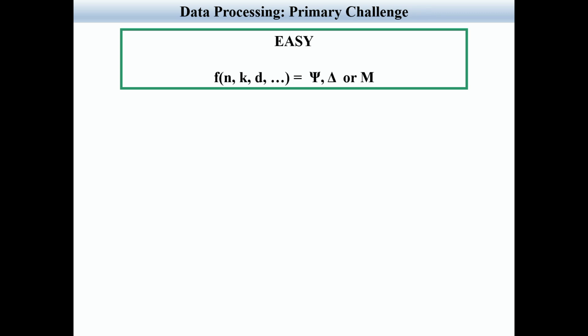Now, the data processing, what's easy? It's easy if you know the properties of the reflecting surface. It's easy to get the sine delta or the M. By easy, I mean with a good computer and milliseconds. You've got the numbers that associate. What's not easy is what's actually needed, which is you get the measurement and then you need to come back and figure out what was the N, K, and D that gave rise to that measurement.